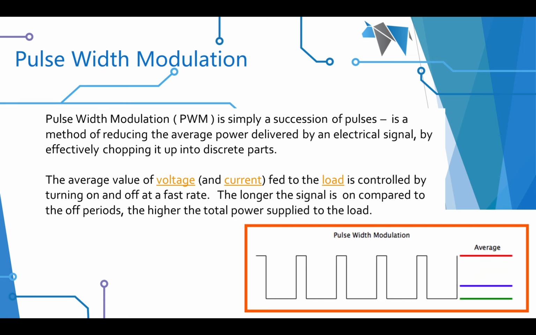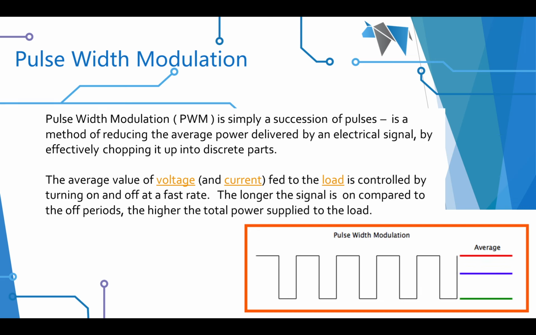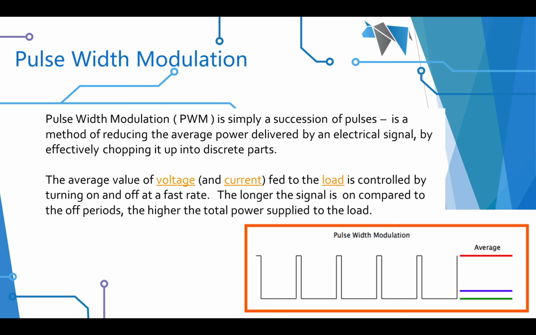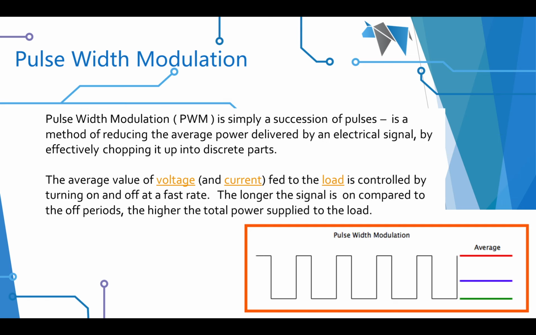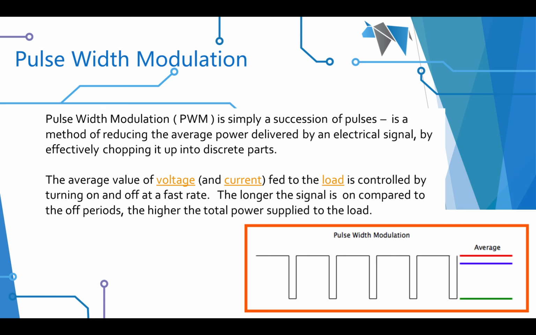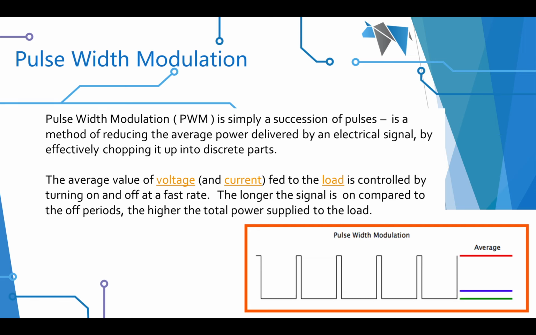Pulse width modulation is just a set of pulses being sent out, and you reduce the average power of the electrical signal to the target device by chopping it into small parts. So the average of the volts and the current fed to the target, the load, is controlled by turning it off at a very fast rate.